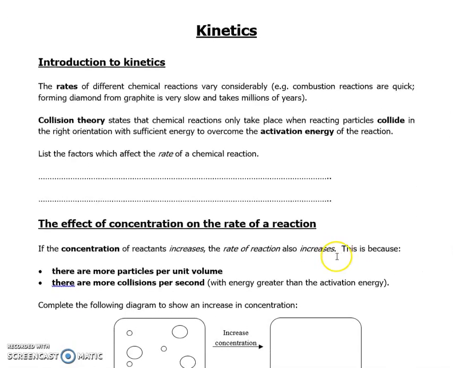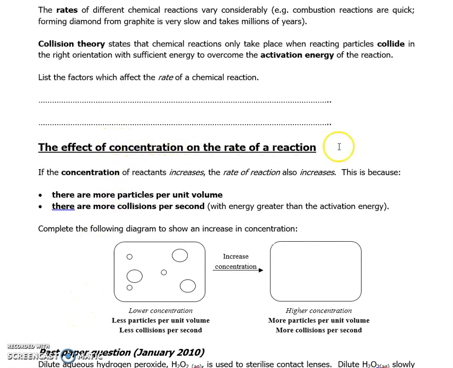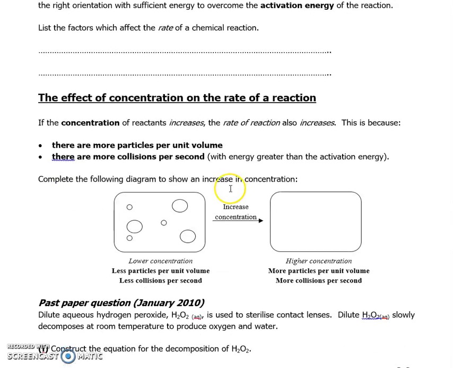You know that you can increase the rate of a chemical reaction in a number of ways. The first of these is by increasing the concentration of a reactant.